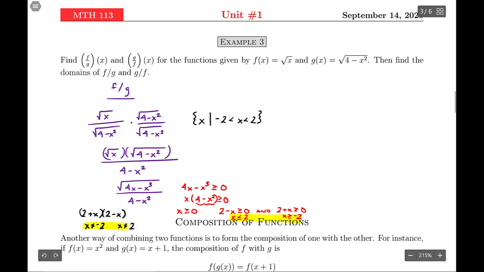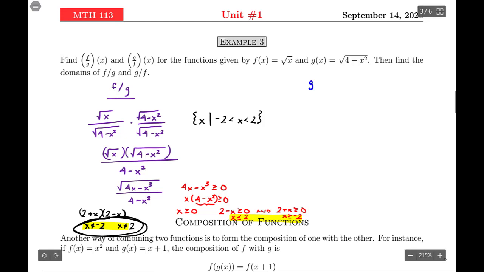If you're wondering why I didn't put the equal sign underneath those, it's because of this domain restriction down here on the left. It cannot be negative 2 and it cannot be positive 2. So this function only works for any x values that are between negative 2 and positive 2.